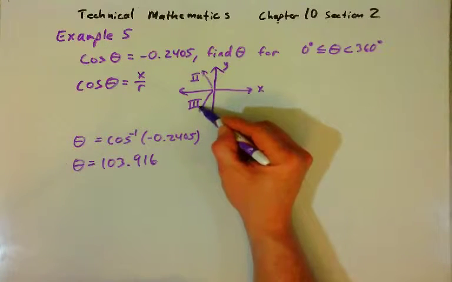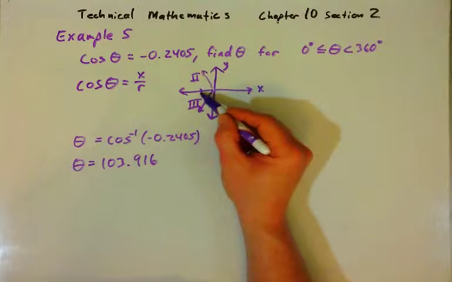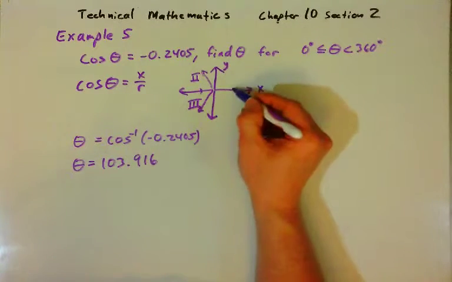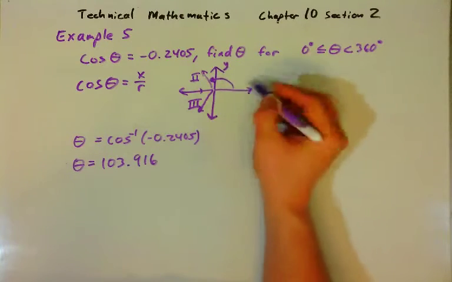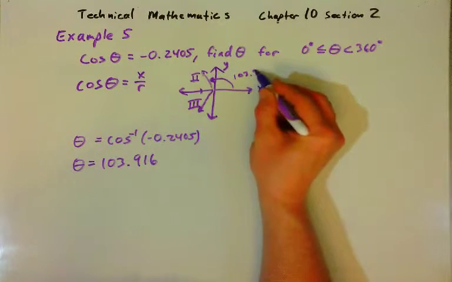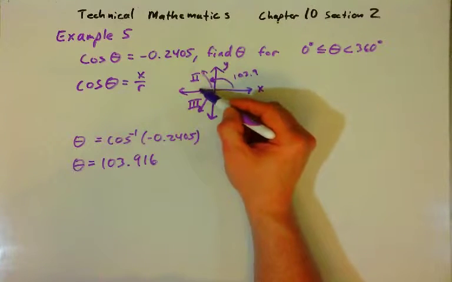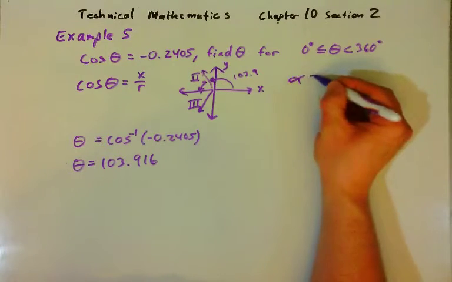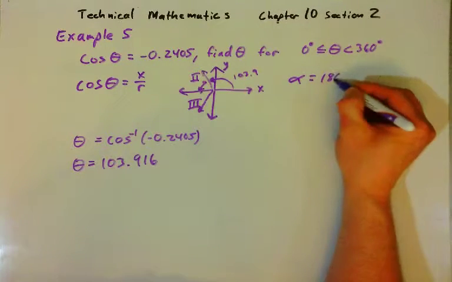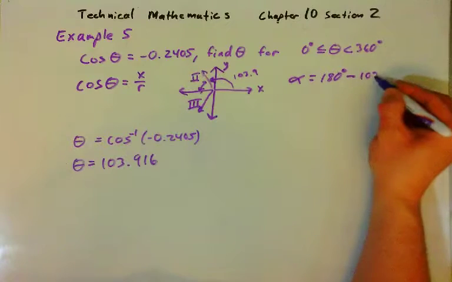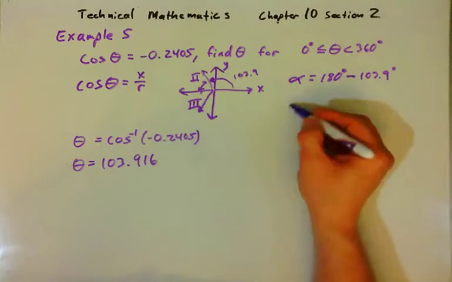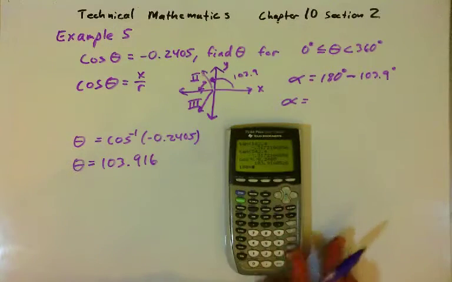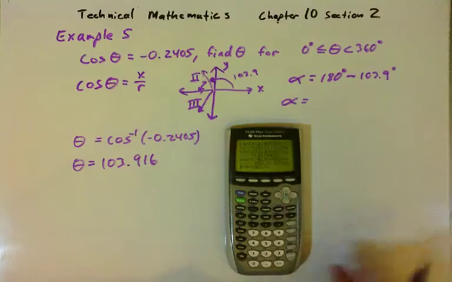The other answer has the same value of x, but you can tell that the angle is greater than that. So this angle is 103.9. The reference angles are equal. And so what is the reference angle here? The reference angle will be 180 minus 103.9.